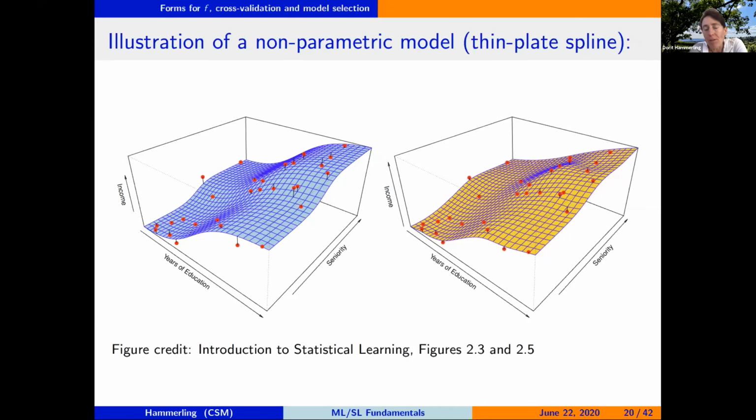Now we approach this problem through a specific non-parametric model. The specific one we look at here is a so-called thin plate spline. That's an analogous idea of a smoothing spline in a 1D environment, for 2D. The details don't matter for that, but conceptually you see now we allow that surface to take on any shape it wants.